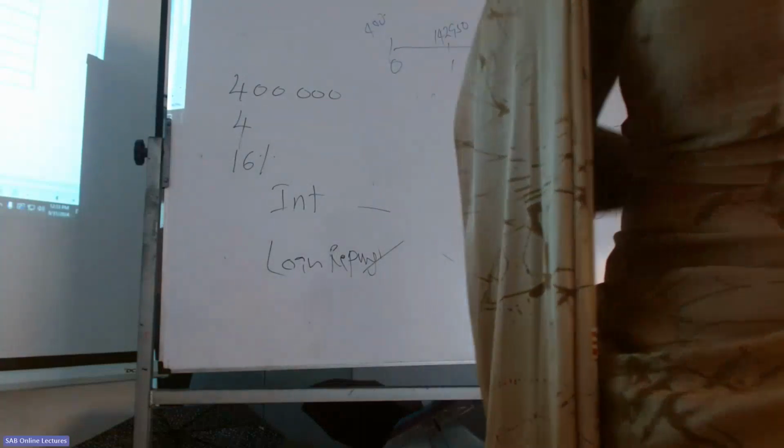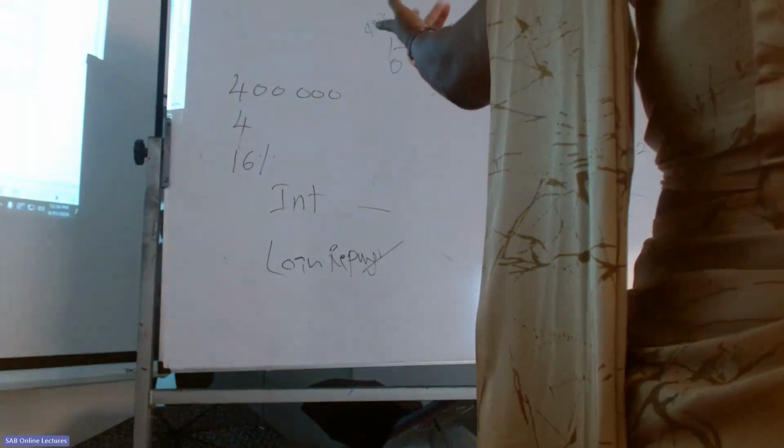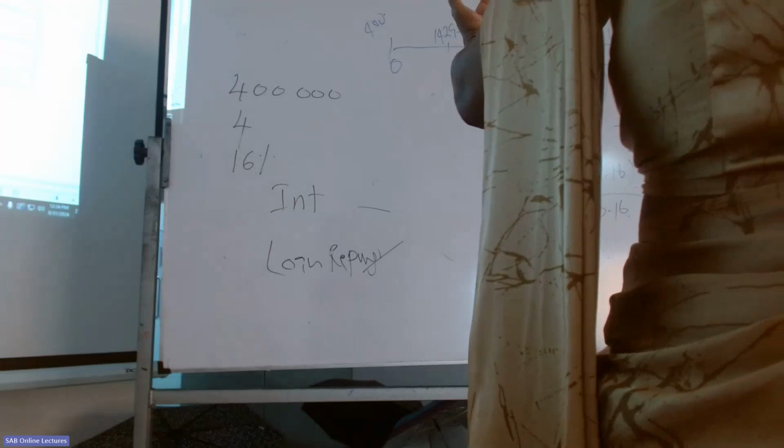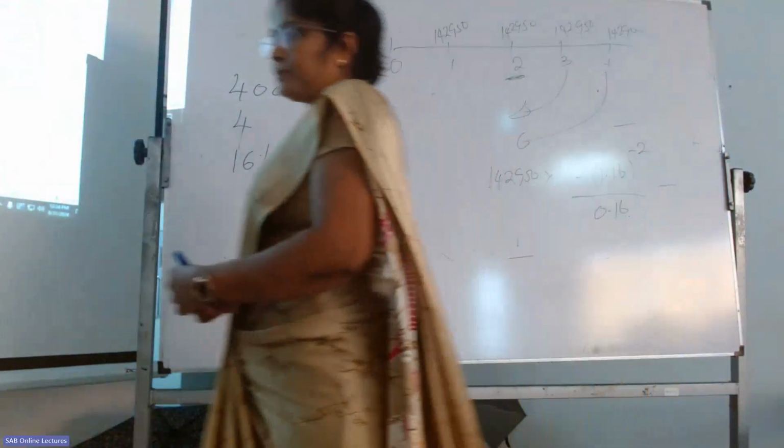The same answer, 229,468. So using the formula as well as this amortization schedule, you can identify the ending outstanding balance. You can check whether you are getting the same answer.